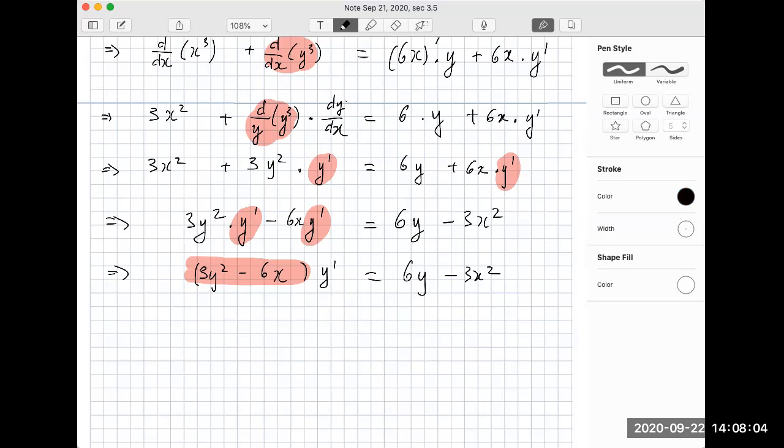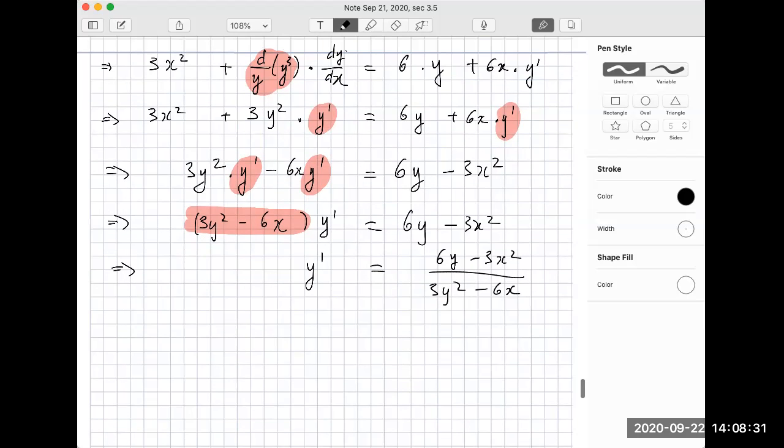It becomes, therefore, y prime equals 6y minus 3x squared over 3y squared minus 6x, right? Can we simplify it? Yeah, we divide numerator and denominator by 3.